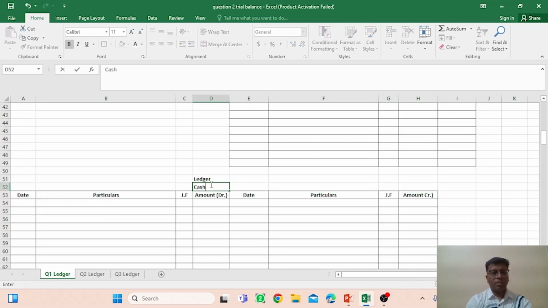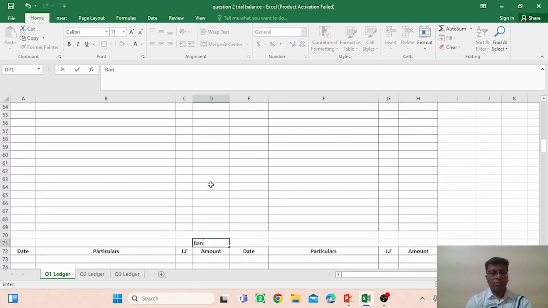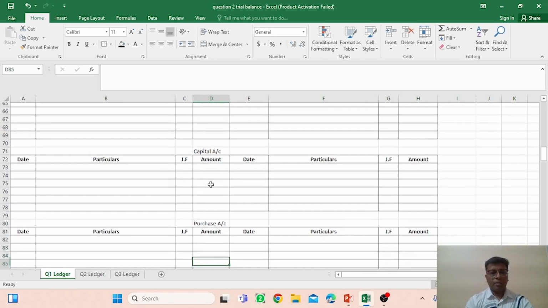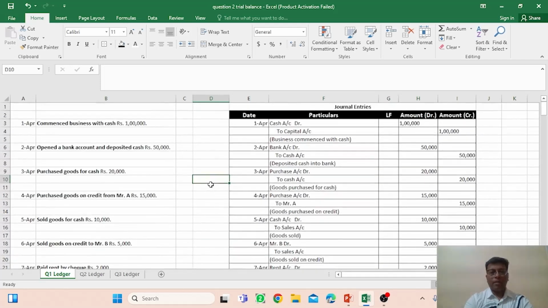cash account, right, and you have to open bank account, capital account, and purchase account, and bank account. Okay, and again you can see, going to the question and general entries, that cash, capital, bank, purchase.